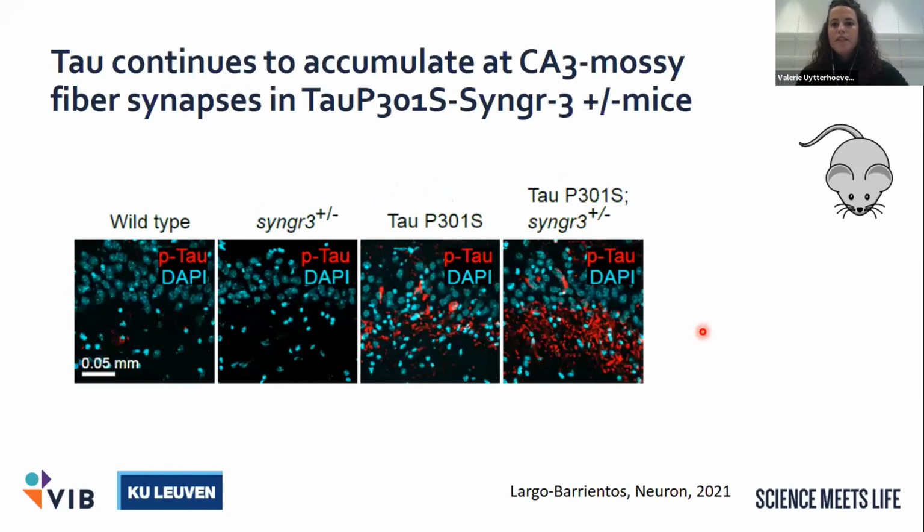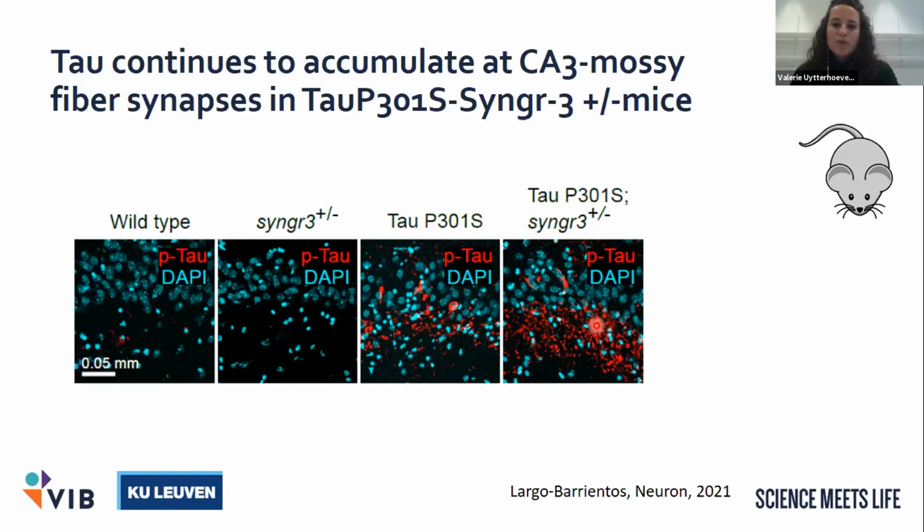However, we see in this Tau double mutant with reduced synaptogyrin 3 levels that Tau continues to accumulate at presynapses, at these CA3 mossy fiber synapses in the hippocampus. And I believe that if Tau continues to accumulate at these presynapses in the long term, this will also have a negative effect on synaptic function.